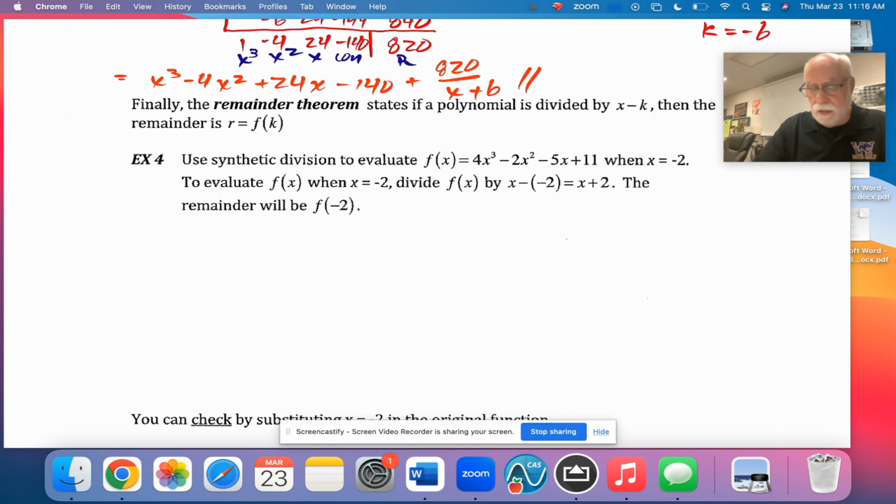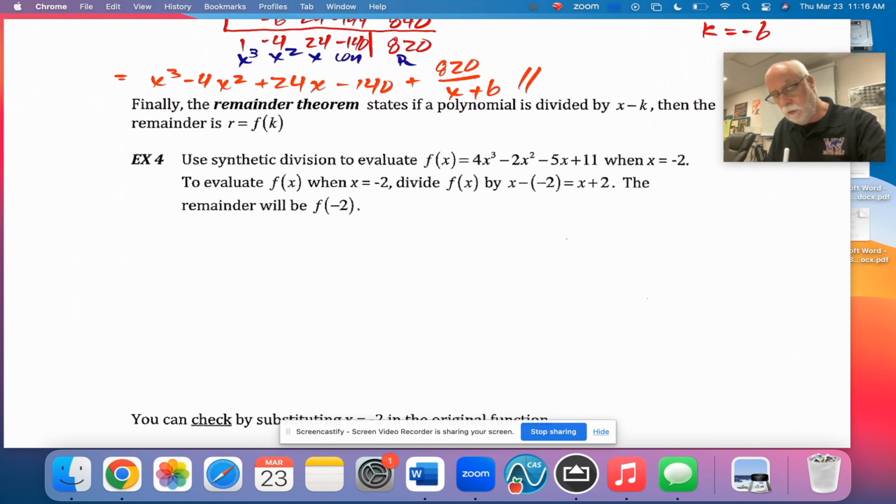We're going to use synthetic division to evaluate f of x is equal to 4x cubed minus 2x squared minus 5x plus 11 when x is equal to negative 2. All right, so to evaluate f of x when x is equal to -2, divide f of x by x minus a negative 2, which equals x plus 2.